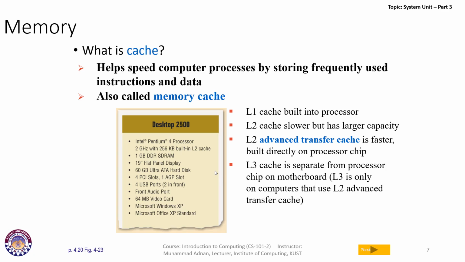L3 cache is separate from the processor chip and is located on the motherboard. L3 is only on computers that use L2 advanced transfer cache. If you need advanced transfer capabilities, you can use L2 advanced transfer cache. But usually if you do not have L2 advanced transfer cache, then you can use L1, which is inside the CPU, and then L3, which is between the CPU and the memory.